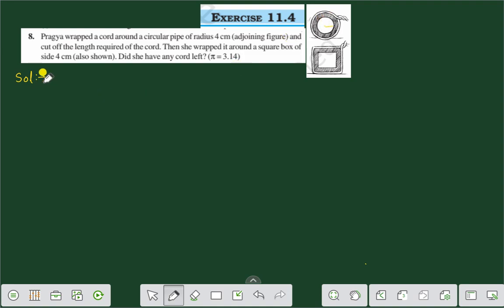Therefore, the radius of the circular pipe is equal to 4 centimeter. This is 4 centimeter.